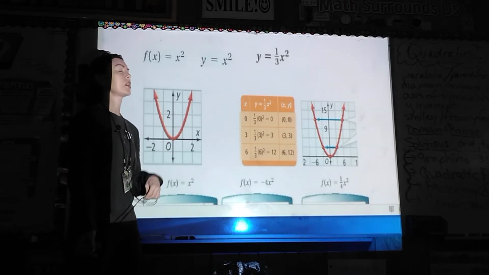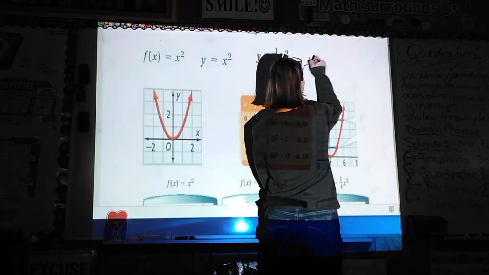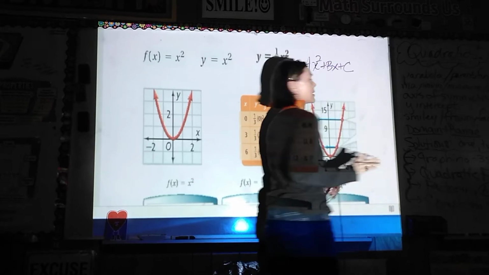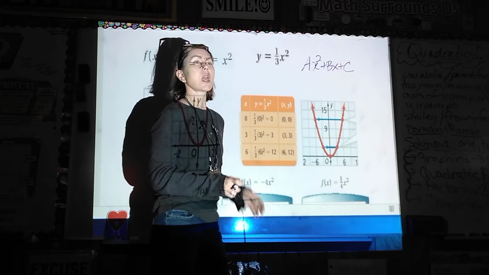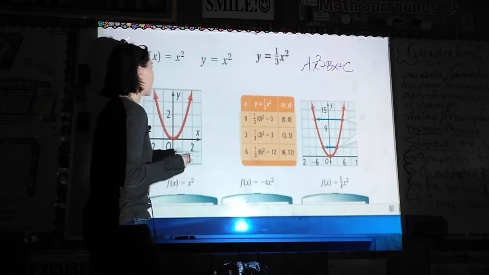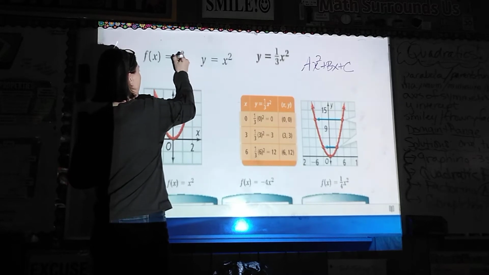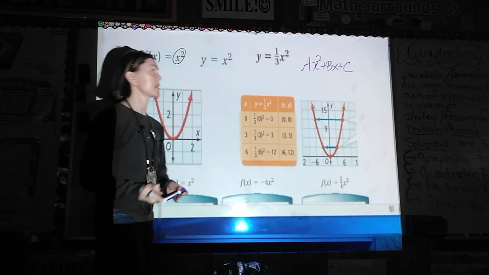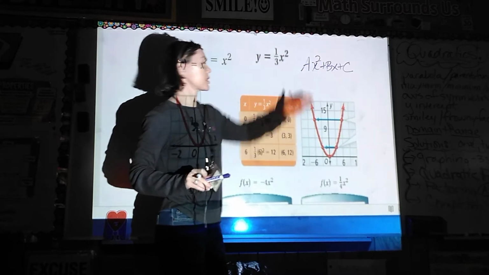Okay, so not a lot of notes to take today, but the notes I tell you to write down, you need to write it down. Here we go. I need you to write down the standard form, ax squared plus bx plus c. The standard form of a quadratic. Now, what I need you to do is circle this x squared. Remember, we have an a term, a b term, and a c term in our standard form.